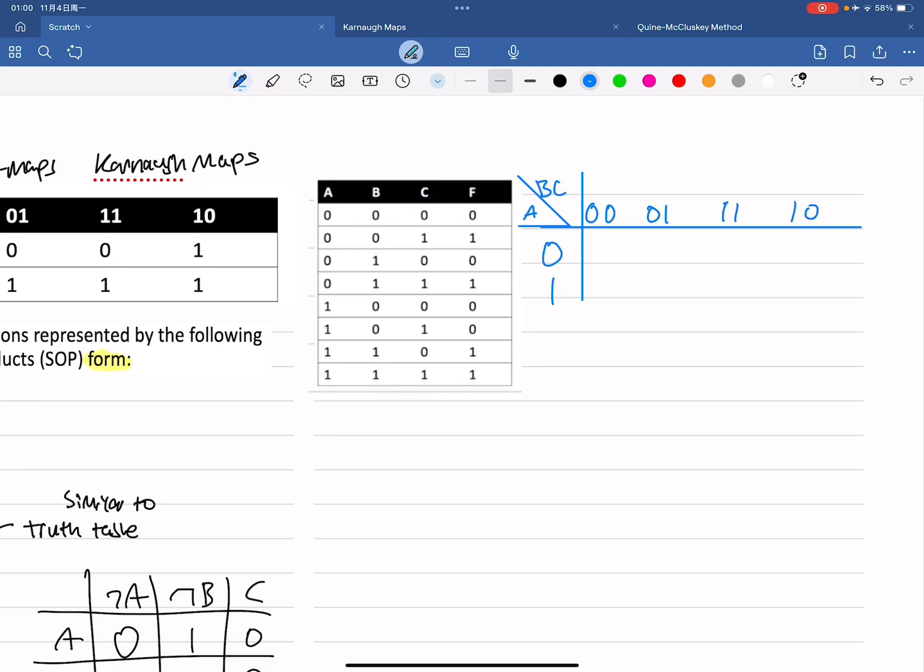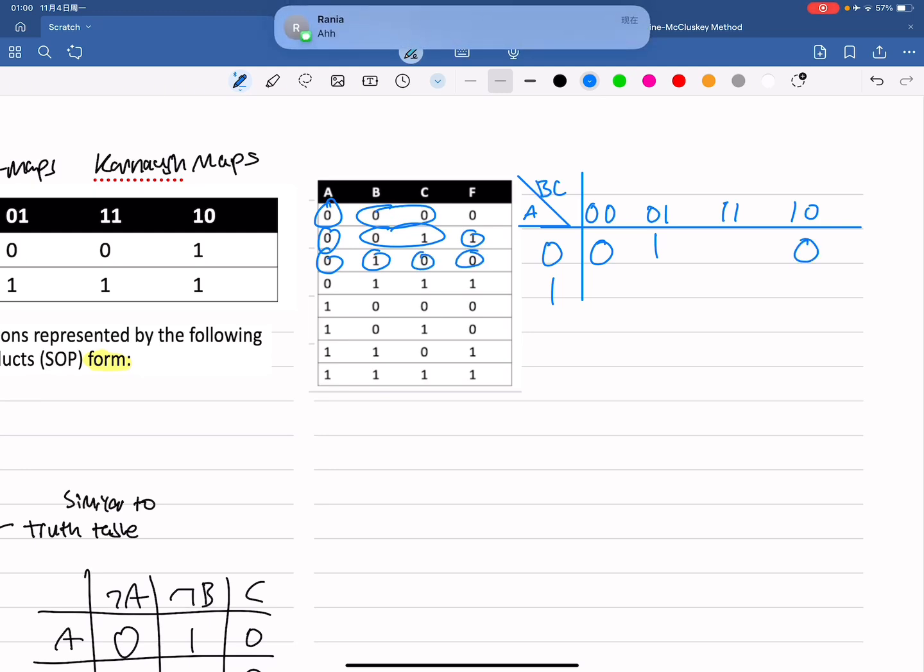So the first row would be 0, 0, 0, which is 0. Then 0, 0, 1, which is 1, so we put 1. 0, 1, 0, which is 0. 0, 1, 1 is 1. So it will be 0, 1, 1, 0.